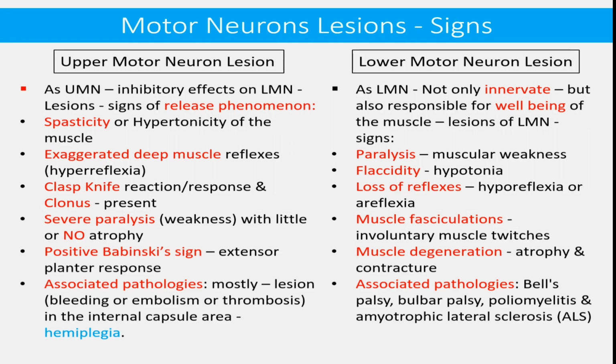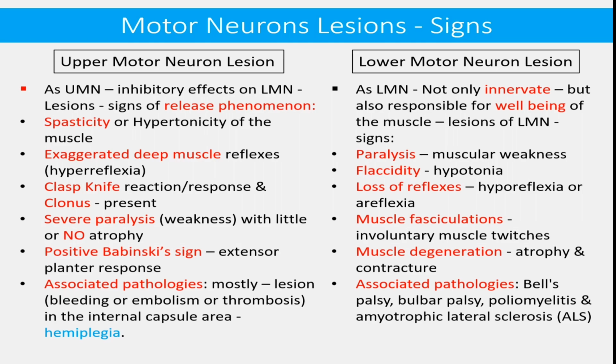Lesions of the lower motor neuron produce the signs in the shape of number one, paralysis, that is muscular weakness, flaccidity, that is hypotonia, loss of reflexes in the shape of hyporeflexia or areflexia, muscle fasciculations, which are involuntary muscle twitches, muscle degeneration, atrophy, and contracture.